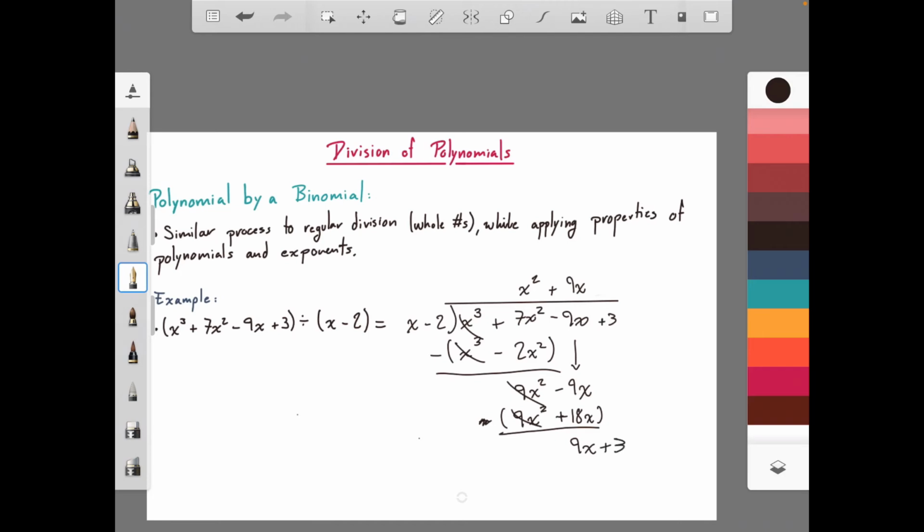plus 3, because we lower this one down. Okay, and now, one last time, 9x. By what would you multiply x so that it becomes 9x? And that's easy.